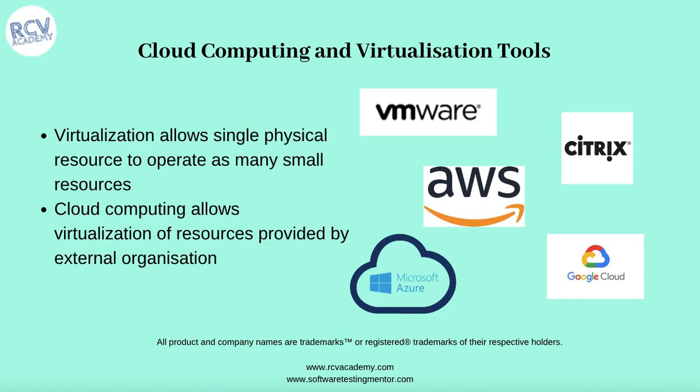You can have a machine with the Linux operating system, a machine with Windows, different flavors of Windows, the Solaris operating system, and that is all possible with the virtualization tool.